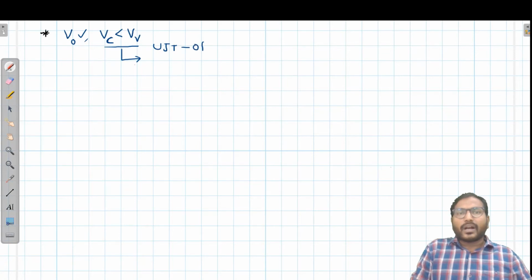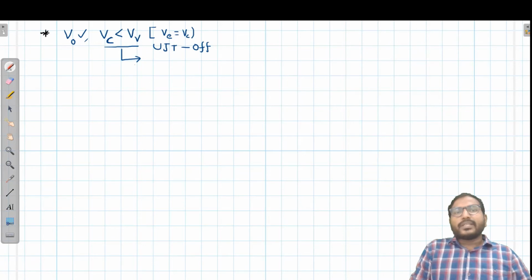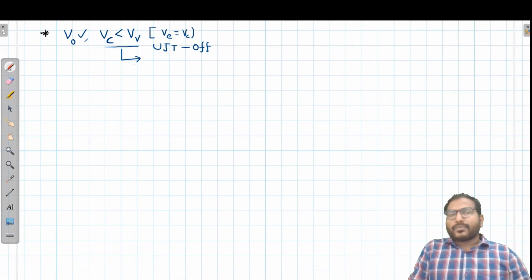Here our condition is VE equal to VC. So when VE is less than the valley point voltage, the UJT will turn off. That's why when the capacitor voltage is less than the valley point voltage, the UJT will be turned off.